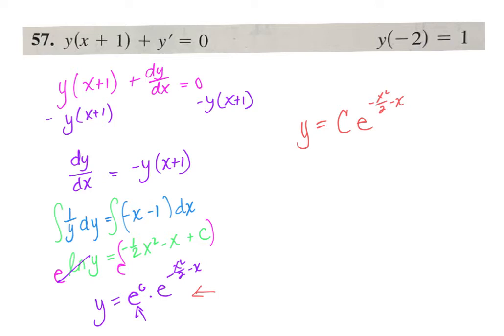And now that we have that, we can go to our initial condition, which they gave us right here. Plug in all your x's with a negative 2, all your y's with a 1, and then solve for c. So we would say 1 equals c e to the negative 2 squared over 2 minus negative 2.